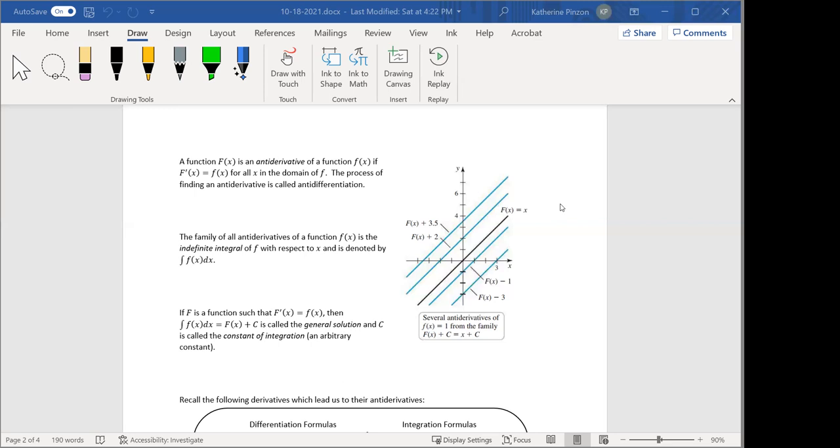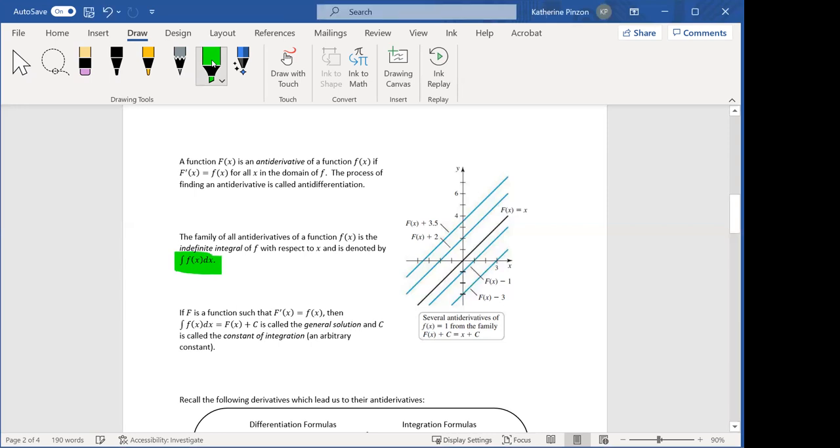So in an antiderivative, we find this whole family of functions. A function, capital F, is an antiderivative of little f if the derivative of capital F equals little f. This is the notation you're going to see a lot, the indefinite integral.